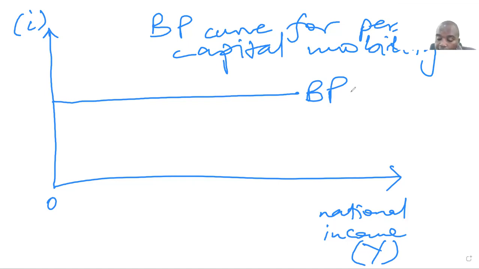I need to note that along the BP curve, the balance of payments is equal to 0. As you can see, this curve is horizontal to show perfect capital mobility.